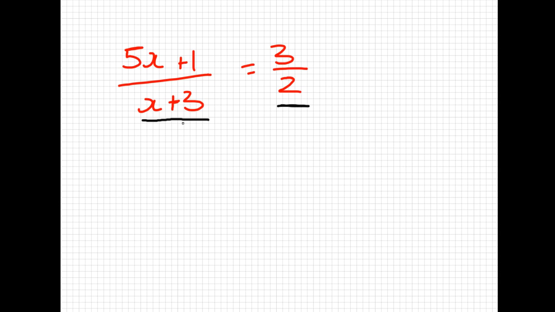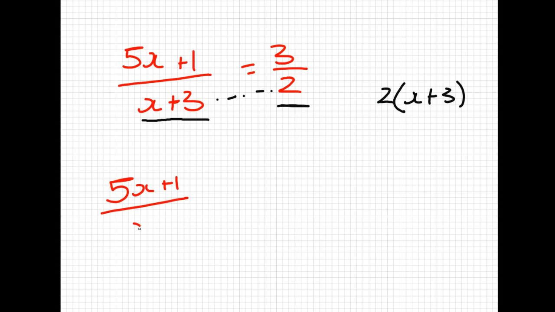So like I just said, if you don't know how to make a lowest common denominator, you just times the two bottom numbers together. So our common denominator for this will be 2 times (x plus 3), because we've just multiplied them together. So let's write this out again. I've got (5x plus 1) over (x plus 3) equals 3 over 2.